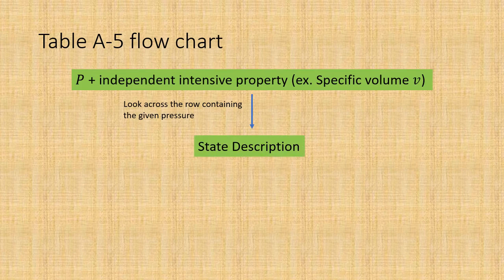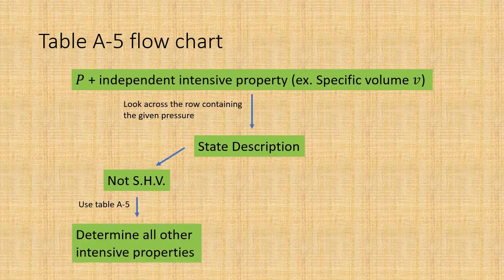And if the substance is anything but a superheated vapor, we can use table A5 and determine all other intensive properties. If we have a superheated vapor, we will need to use table A6, the superheated water table. And then we will be able to determine all other intensive properties.